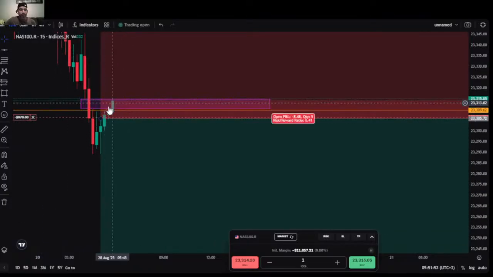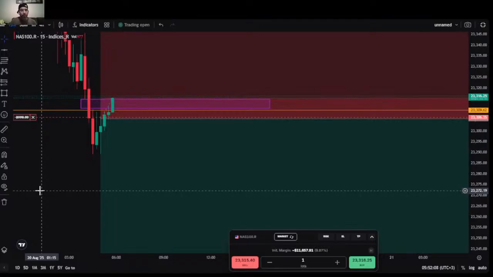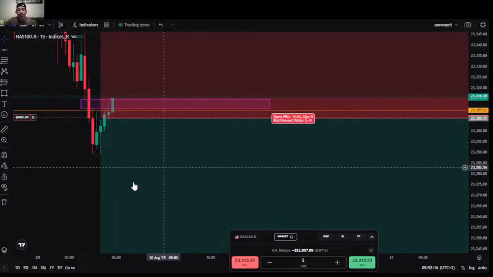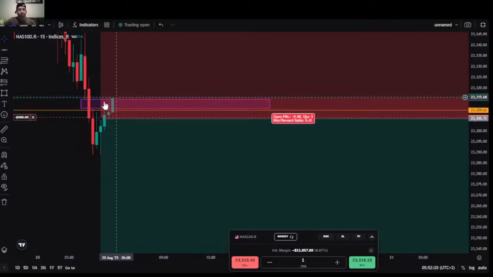If this 15-minute were to flip bearish and close below, then that would be nice actually. Start pushing down, but yeah, we close above this FVG. I'm probably gonna get out, but I'll wait for the close.